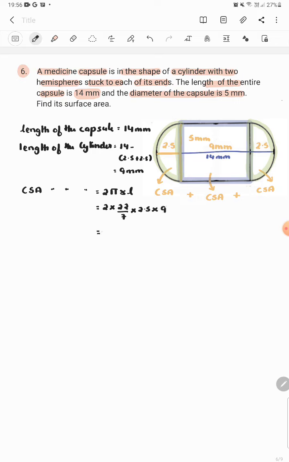Now here this will be 44 by 7 multiplied by 2.5, that is 55 multiplied by 2, 110 multiplied by 9 upon 7, that will be 990/7 millimeter square.